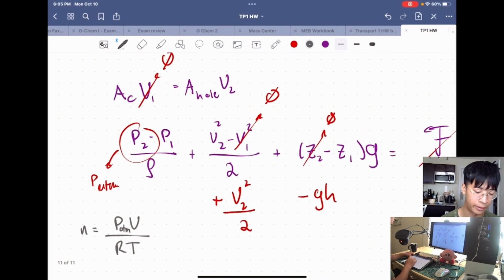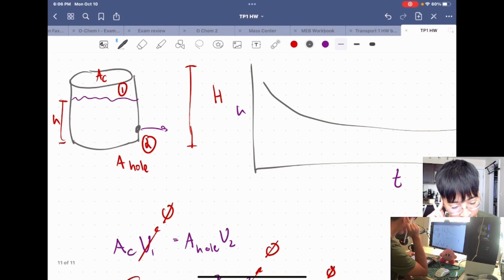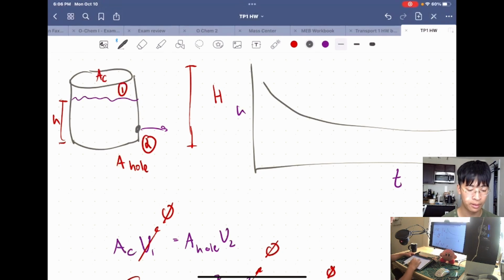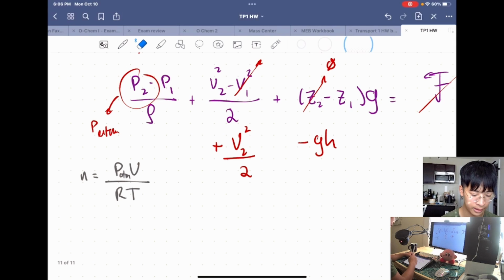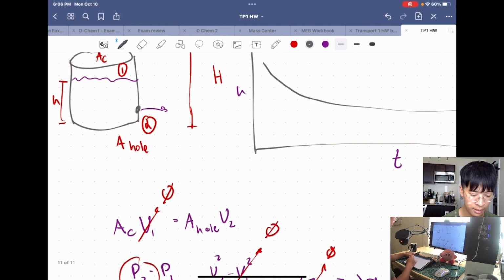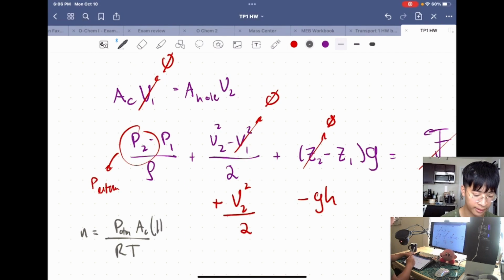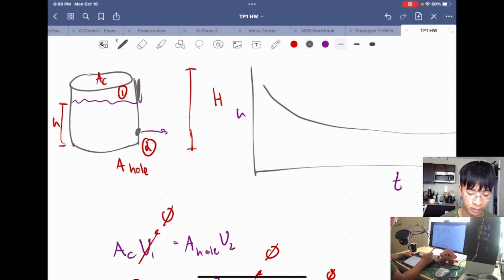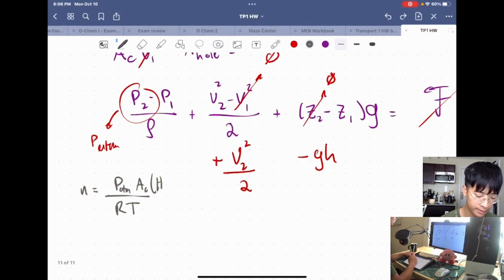How about V? Volume can be split into terms of cross-sectional area multiplied by height, so we have A_c multiplied by big H minus initial little h, the initial height of the liquid. So we now have an expression for N.